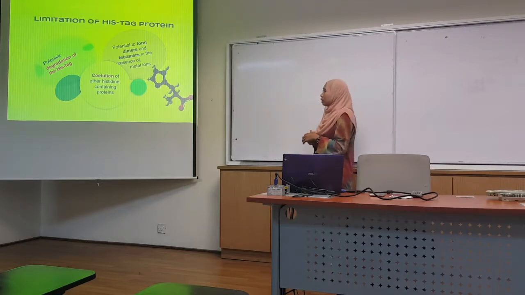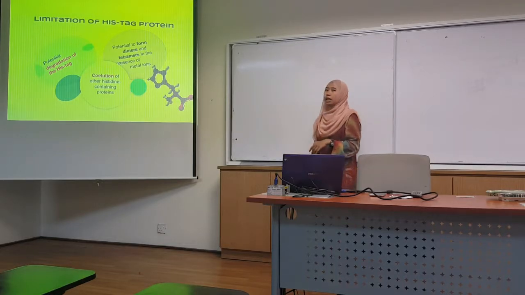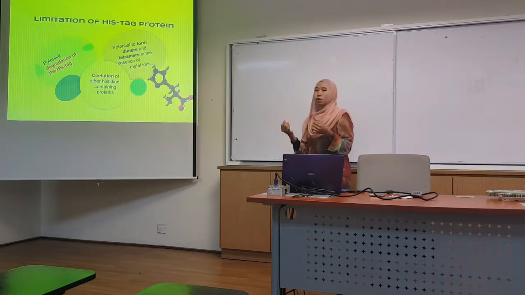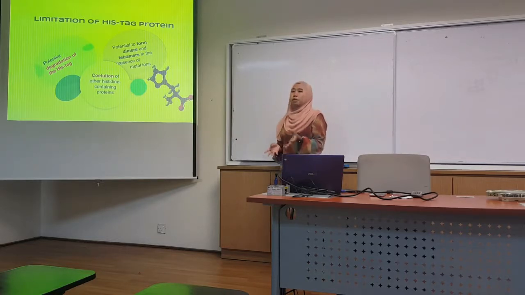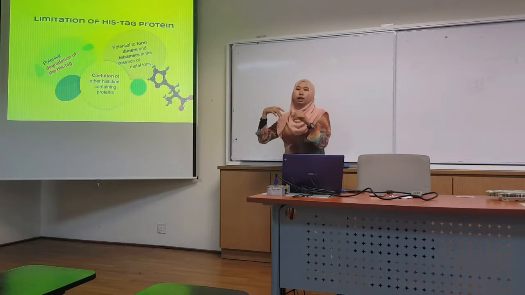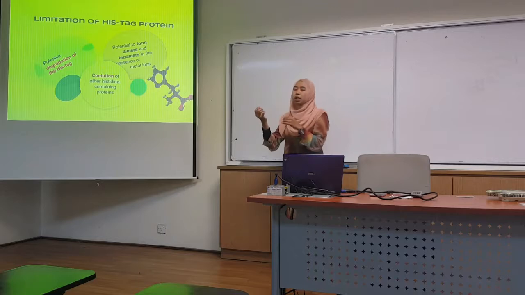So next is the coelution of other histidine-containing protein. Coelution means the process whereby two or more chemical compounds will be eluted together from the chromatographic column. It will cause a problem because it can make it difficult for us to separate the protein.